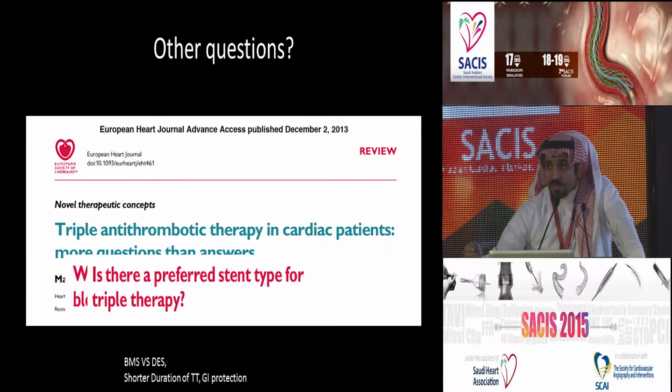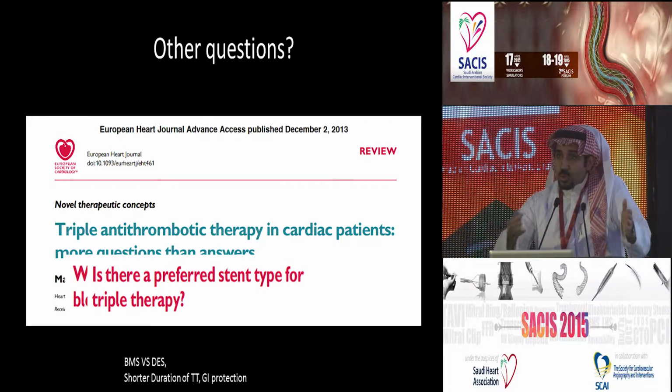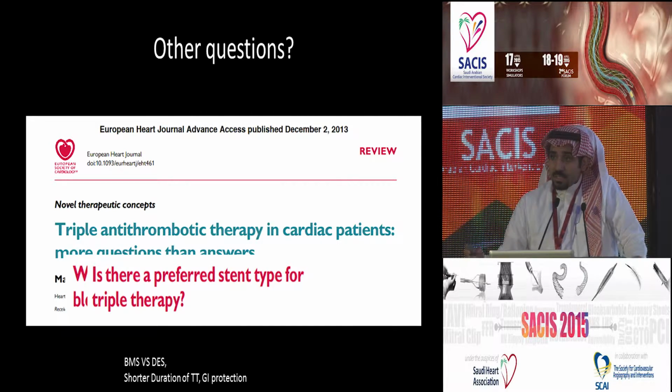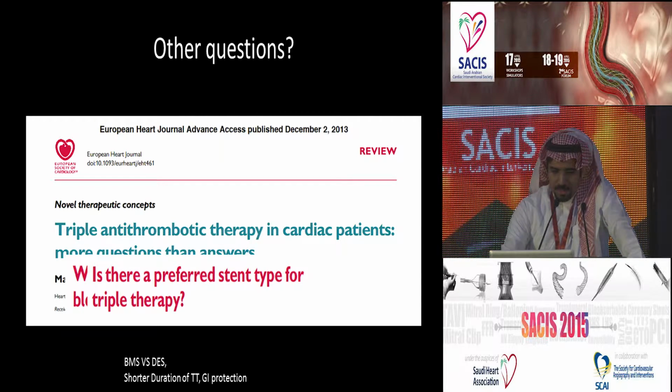I haven't put it in a slide, but there has been a significant shift in terms of short-term versus long-term dual antiplatelet treatment with the third-generation drug-eluting stents. There is a big meta-analysis that was published in JACC in 2015, which showed similar outcomes if you use short-term dual antiplatelet, i.e. 3 to 6 months, versus 12 months, in addition to anticoagulation.